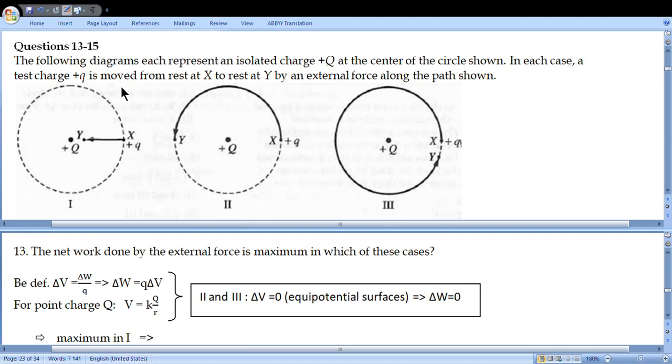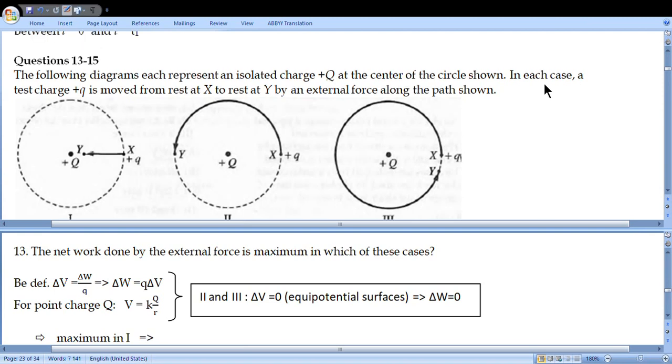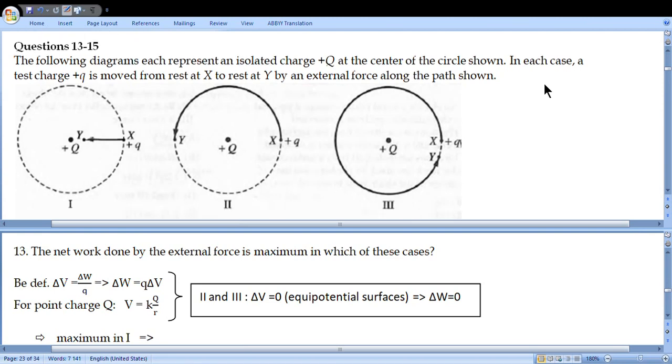The following diagrams each represent an isolated charge plus q at the center of a circle shown. In each case, a test charge plus Q is moved from rest at X to rest at Y by an external force along the path. The net work done by the external force is maximum in which of these cases?